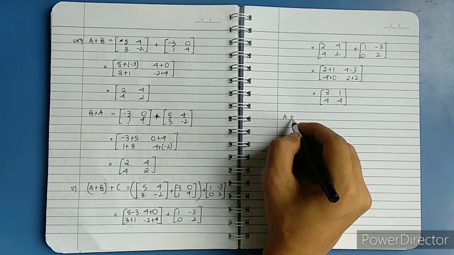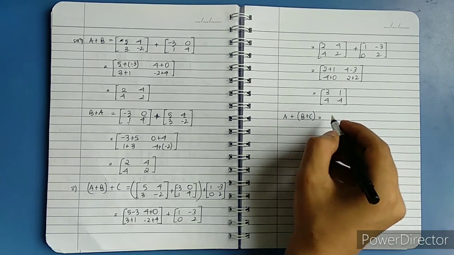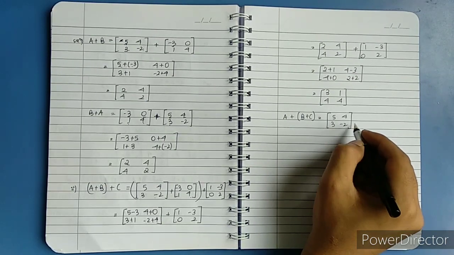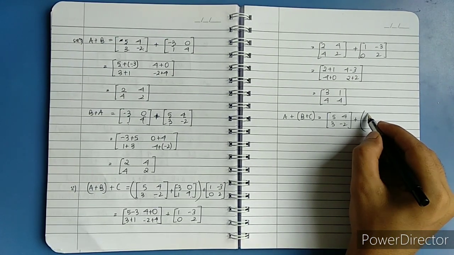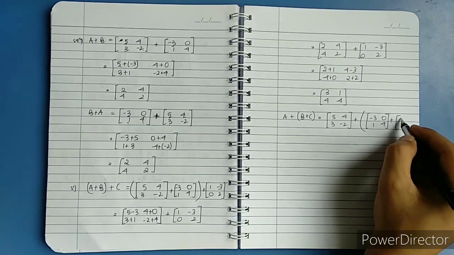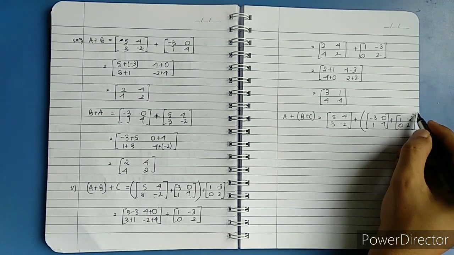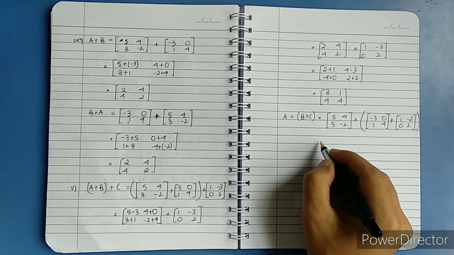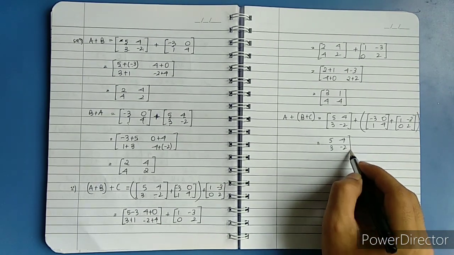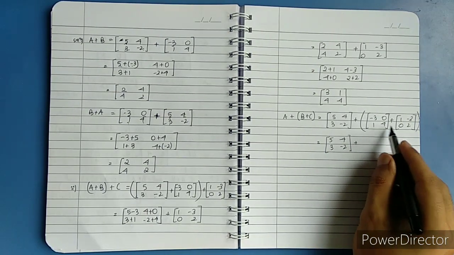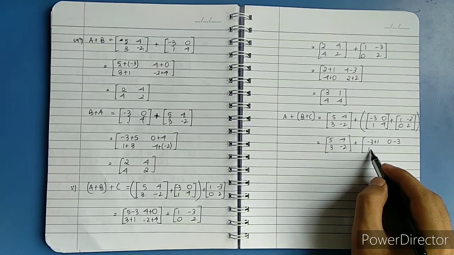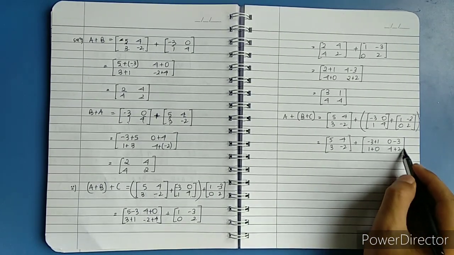Now we'll add A plus B plus C. So from here we have 5, 4, 3, minus 2, plus minus 3, 0, 1, 4, plus 1, minus 3, 0, 2. So 5, 4, 3, minus 2 remains as it is, plus on adding these two we'll get minus 3 plus 1, 0 minus 3, 1 plus 0 and 4 plus 2.